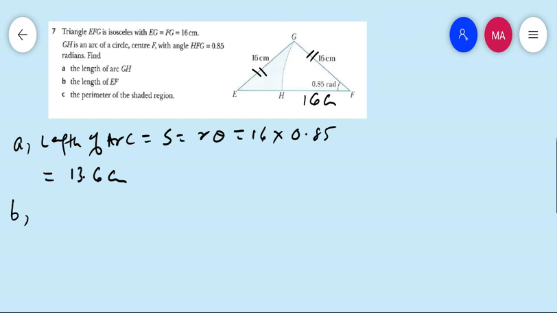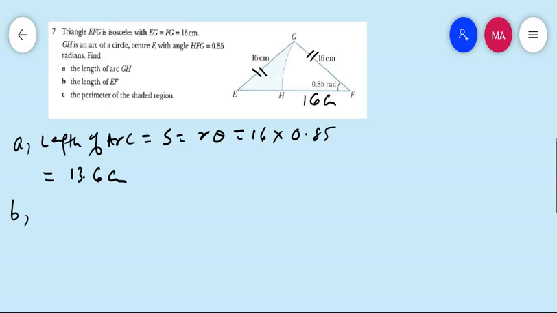Now, EF, we have the length of HF. Now, if we find the length of EH, then we can add 16 and this. Kindly wait. How to find the length of EH?